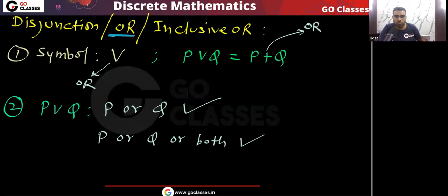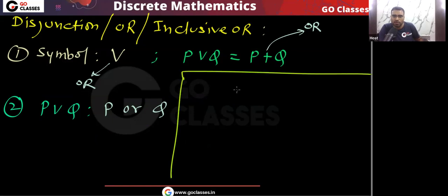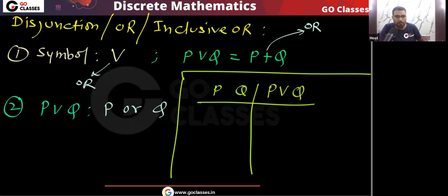Now let me tell you the truth table. Let's see the behavior of or. Again, very simple. These are the propositional variables P, Q. Now what is the P or Q truth table? What is the behavior? Remember, P is a propositional variable, so either it is true or it is false.